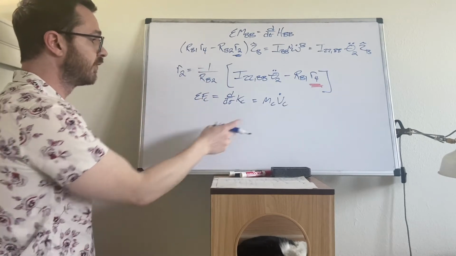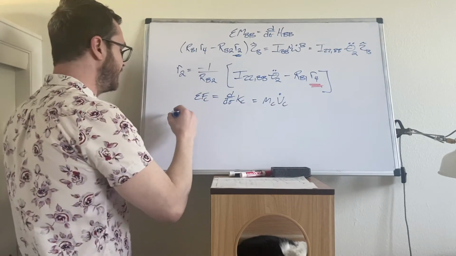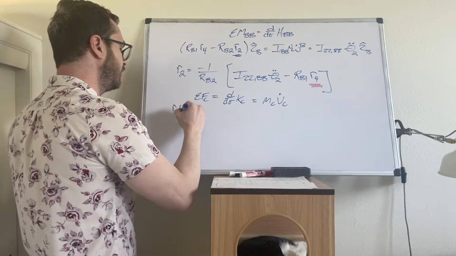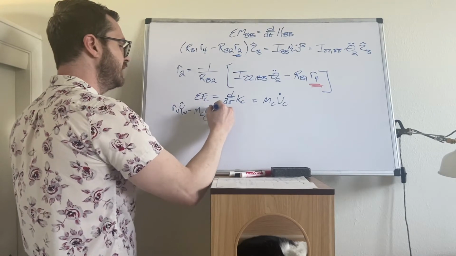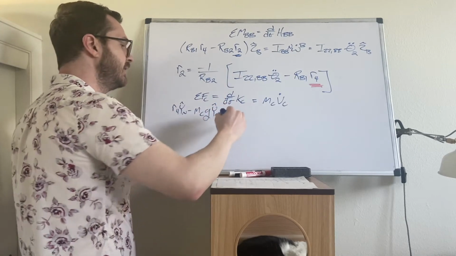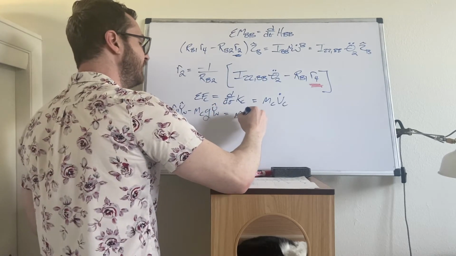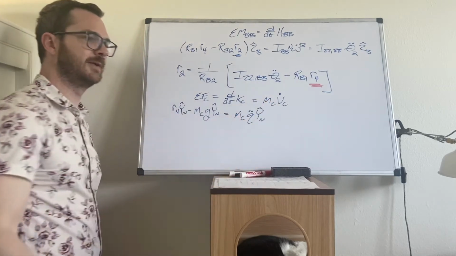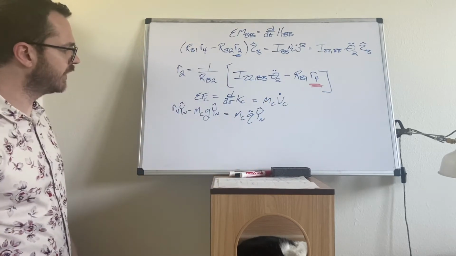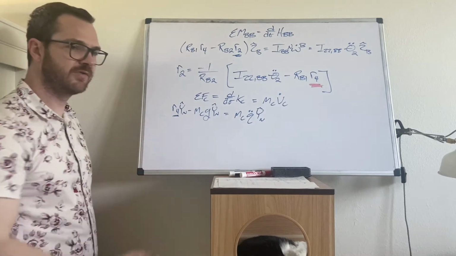We have the sum of forces and we have the kinematics done. This is R4 y hat n minus mcg y hat n equals mc q double dot y hat n. Okay, the point, we wanted to solve for R4.